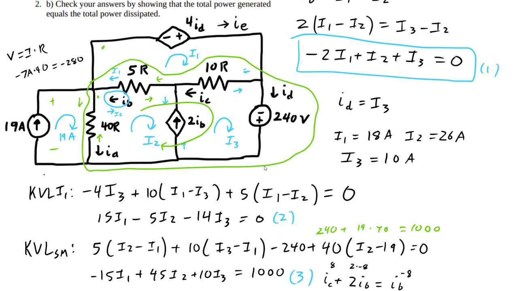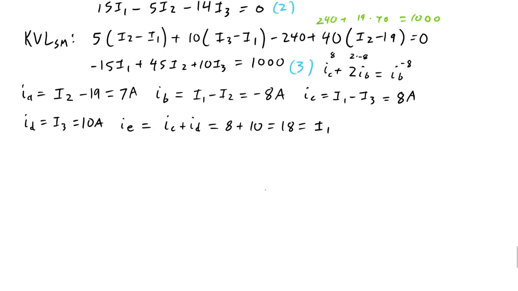So you can say that this would be that. Okay. And then we're going to figure out power by that source. That's going to be 19 amps, 280 volts. So 19 times 280, 5320.